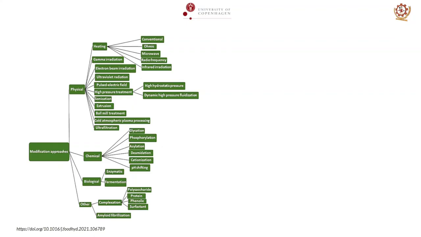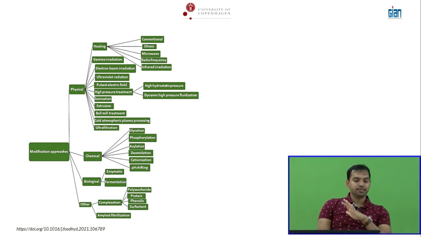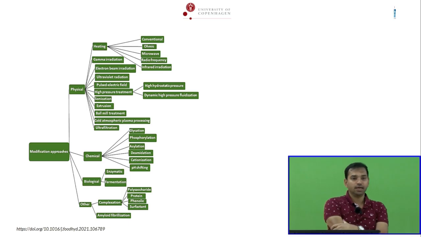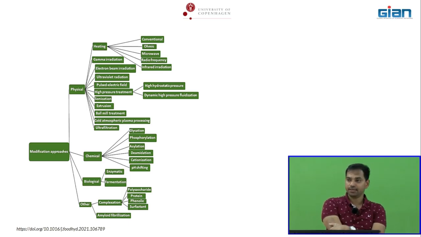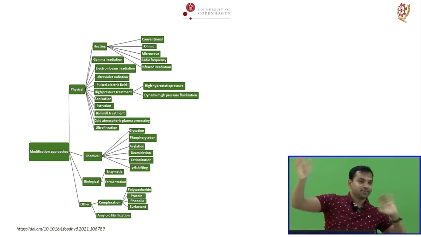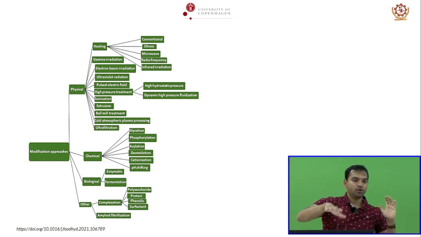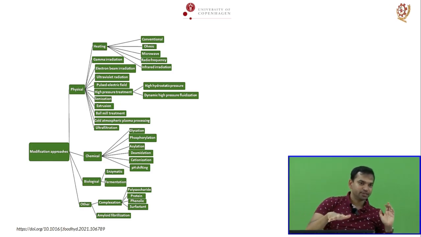There are tons of different ways to modify proteins, and I copied this nice picture somebody summarized for me. You can see three different types of modification: physical, chemical, and biological, and other types of modification which cannot be categorized. You will have the slides at some point. People are trying every single thing to modify proteins, but I don't have time to cover everything today.